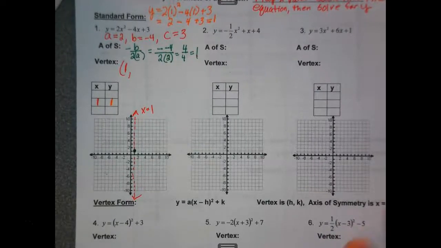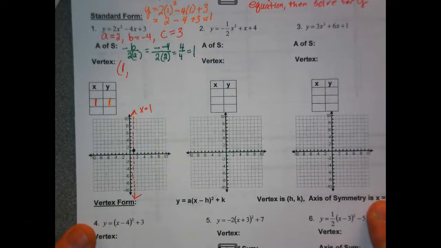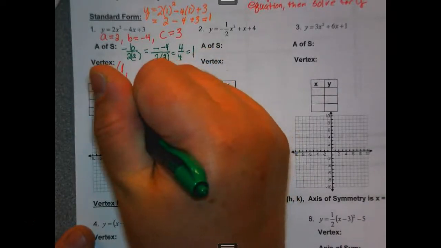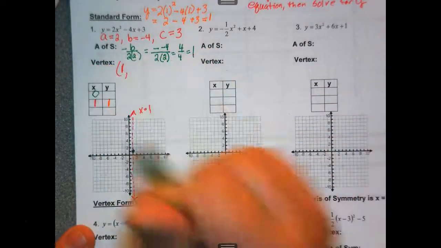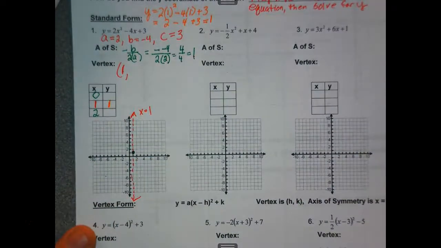Okay, for a parabola, I gotta have one less and one more. So one less, I'm gonna use 0. One more, I'm gonna use 2. Plug in 0 for my x.